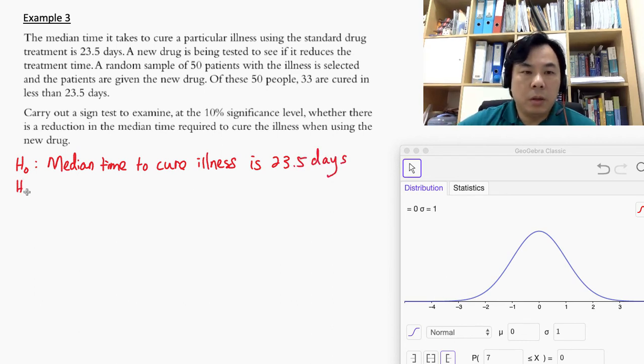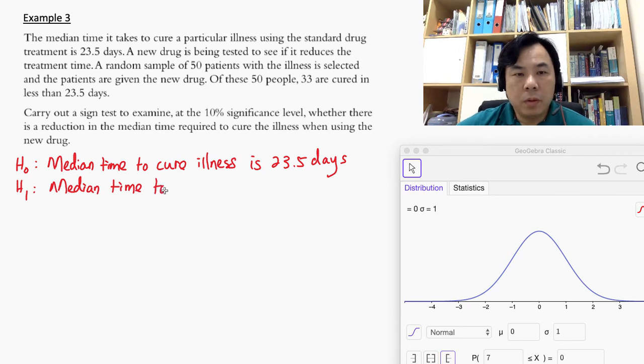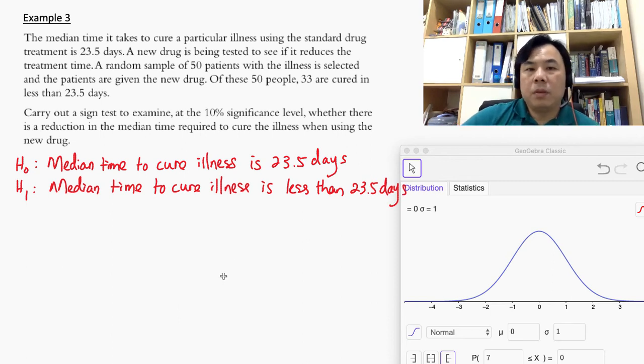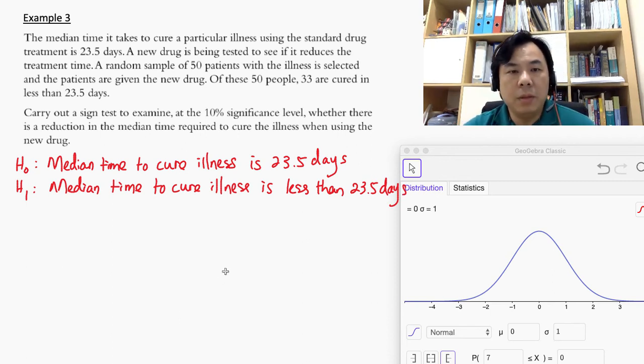Our alternative states that the median time to cure the illness has reduced, is less than 23.5 days. Those are our hypothesis statements. We are good with that.